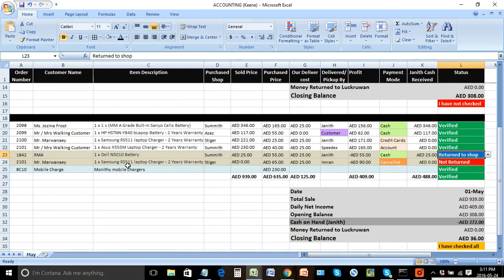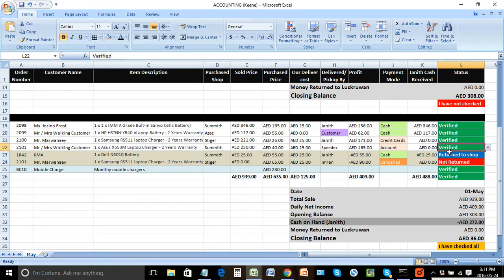Now here, this one is a typical example of cancellation. Cancellation means we have an order, we actually purchased the order and we sent it to the customer, as you can see by using Imran, but however the customer cancelled. In that case, we have a loss of $90 because it's cancelled, but however we need to return that item, so that's why we need to have that.